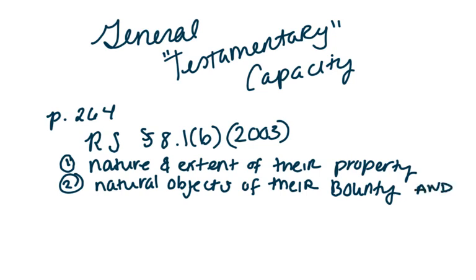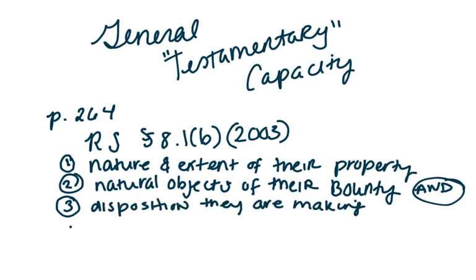And the third element is that the testator must understand the disposition that they are making of their property. In other words, they need to understand that they are giving their property away at death to another person. And the fourth element is that the testator must also be capable of relating these elements, 1 through 3, together. In addition to this 4-part test, most jurisdictions require that the testator be over the age of 18.